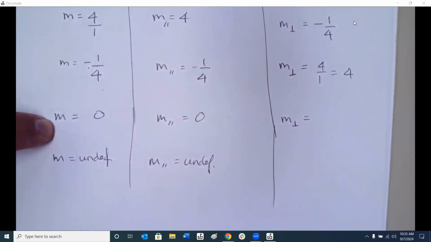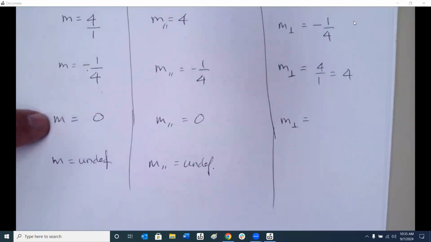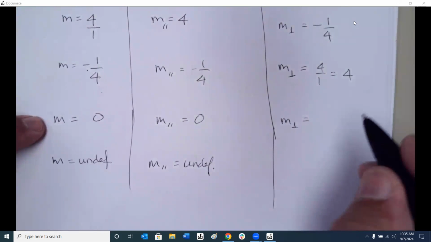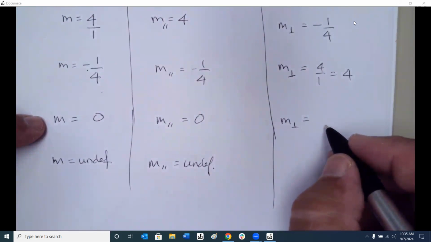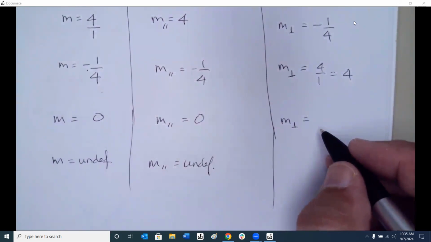What does a slope 0 look like? It's a horizontal line across the y-axis, right? It looks like this. What's perpendicular to it? A line through the x-axis. So it's a vertical line like this.